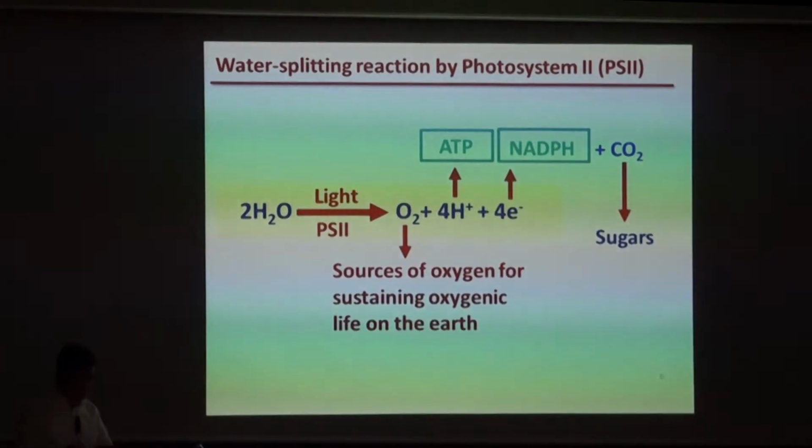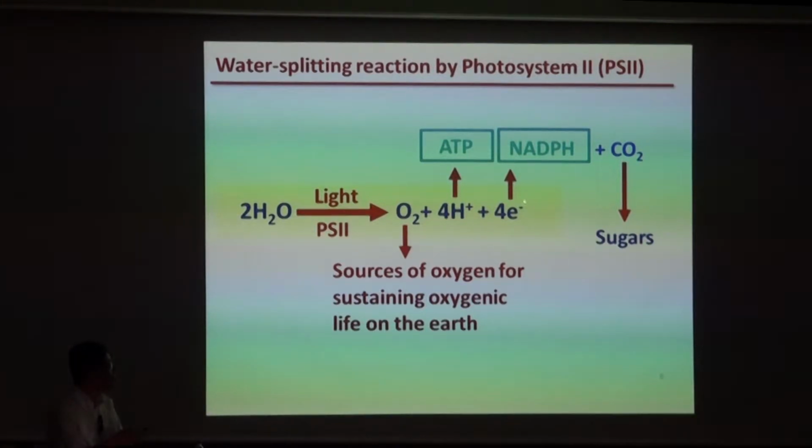If you look at the reaction itself, it's very simple. When two molecules of water split, they yield one molecule of oxygen, 4 protons and 4 electrons. In the cells, protons provide the proton motive force across the membrane, which is then utilized by ATP synthase to synthesize ATP.